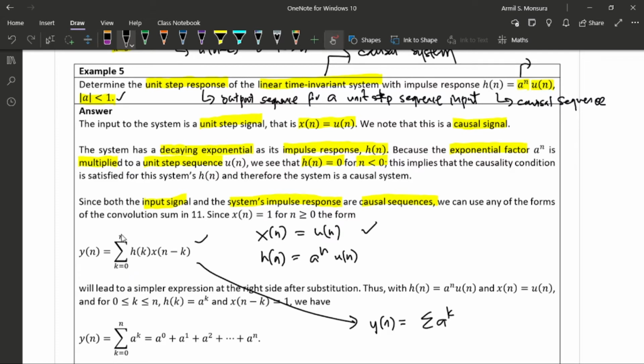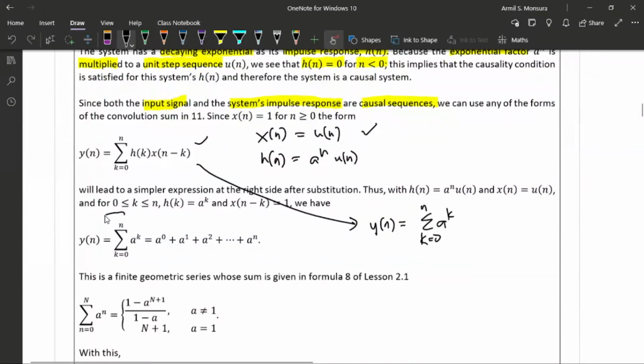For k equals 0 up to n, your u of k is 1, and this one, within this interval, is also 1. So this is a raised to k times 1 times 1. Yan na lang talaga yung may iwan, from k equals 0 up to n. Ito na lang yung magiging expression natin after substitution.